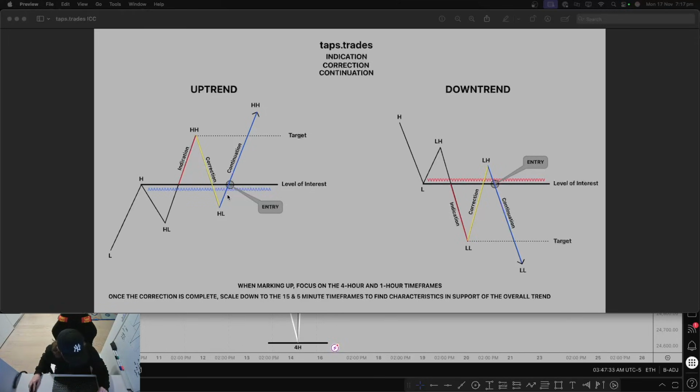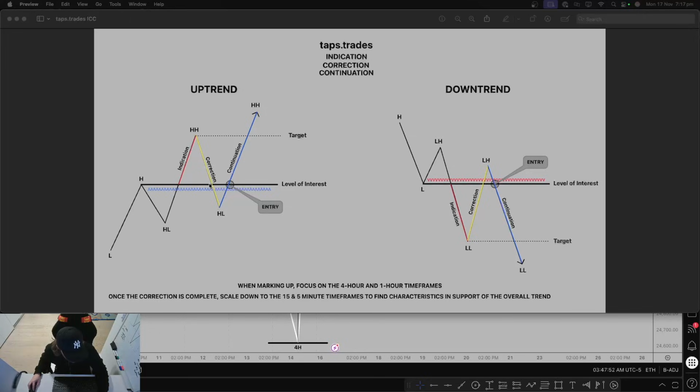So jumping back, when we finish the correction phase, we then want to scale down to the 5-minute and the 15-minute time frames to again find the characteristics that support the overall trend. And the overall trend in this instance is the uptrend.